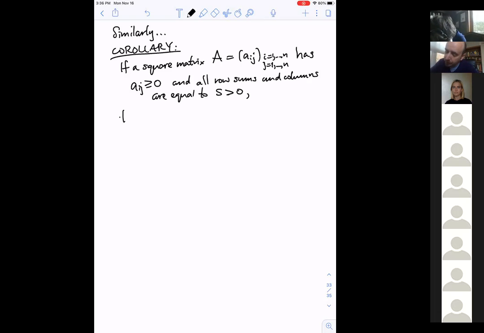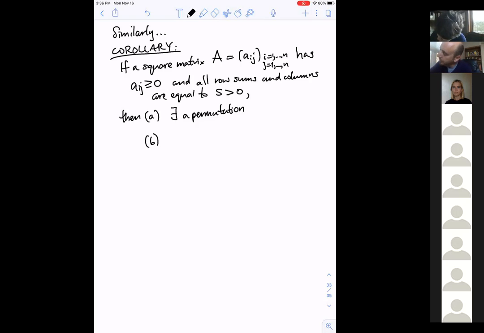Then, two things. It's kind of going to be like our corollary and corollary to corollary. First thing, A says there exists a way to pick entries, one from each row and column, that are actually strictly positive.